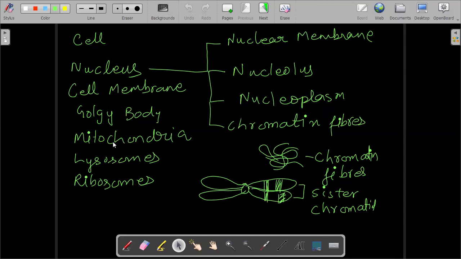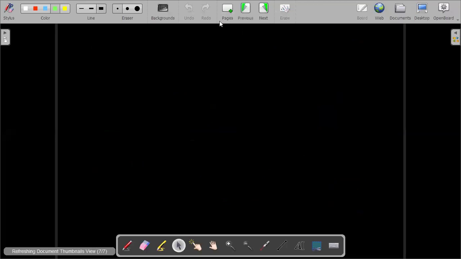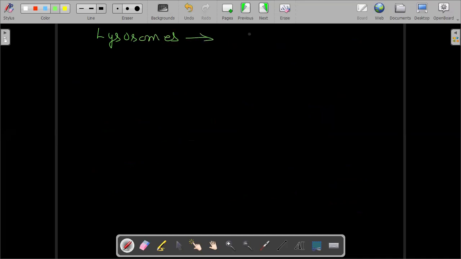Lysosomes are single membranous structures and they contain hydrolytic enzymes, the enzymes which are present for digestion.